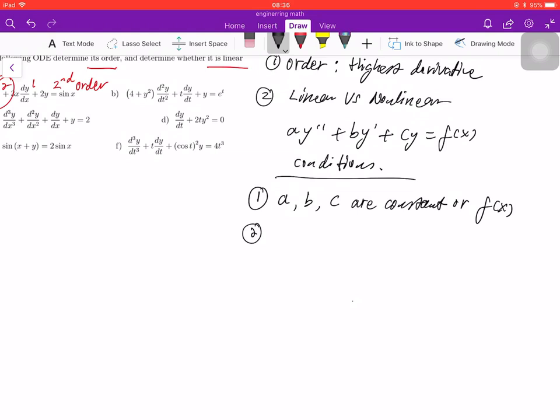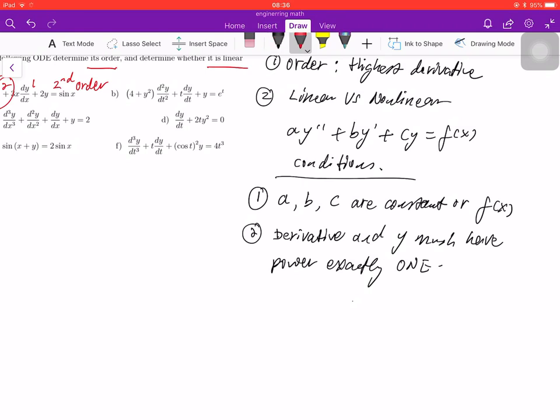The second condition for linear differential equations is that the derivatives and the unknown function y must have power exactly 1.